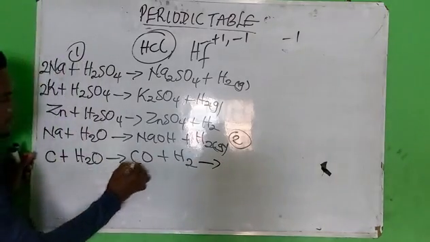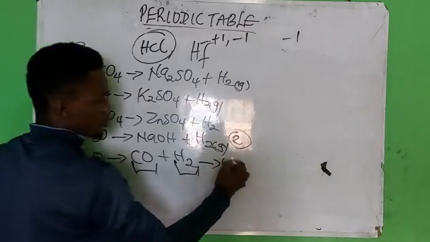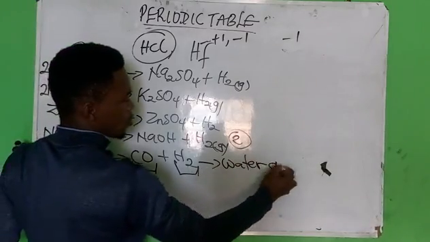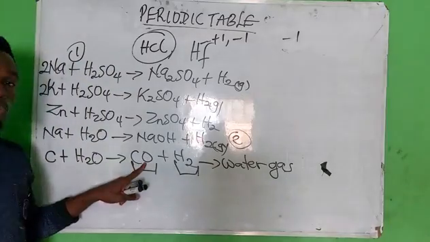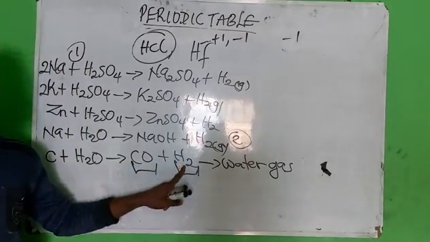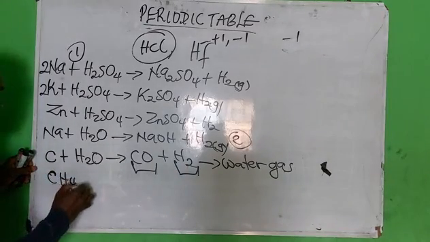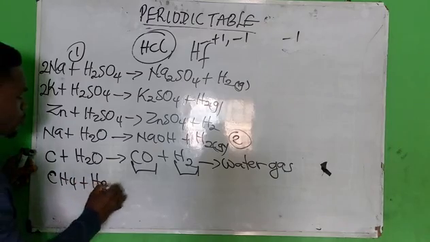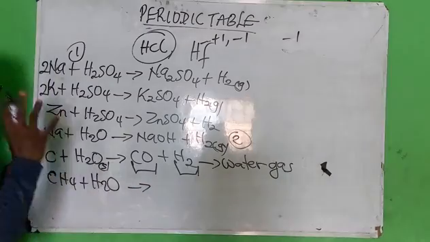What I have here is carbon(II) oxide and H2. This is called water gas. Water gas is a combination of carbon(II) oxide and hydrogen gas.